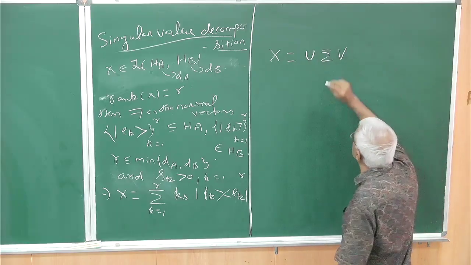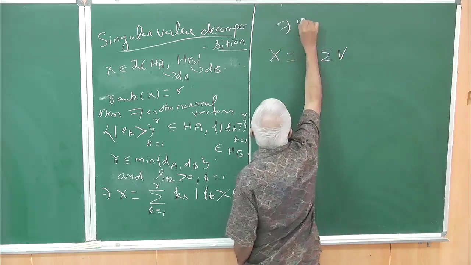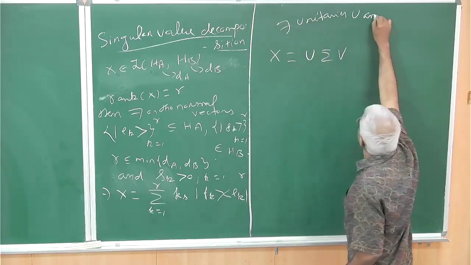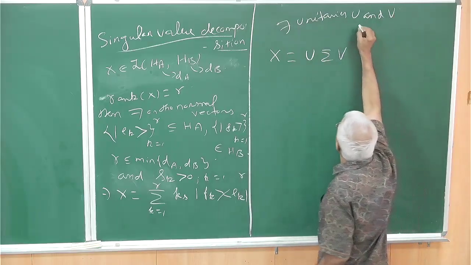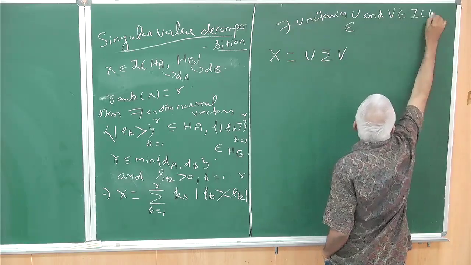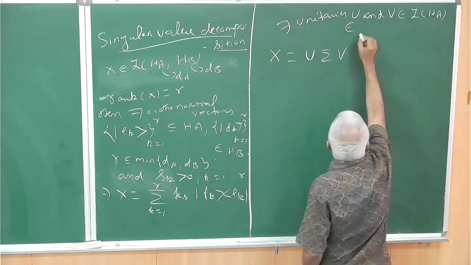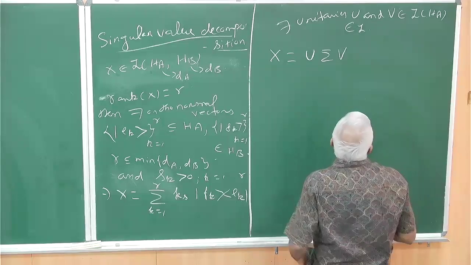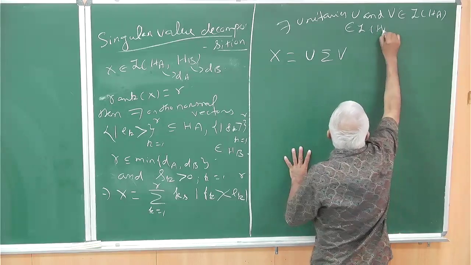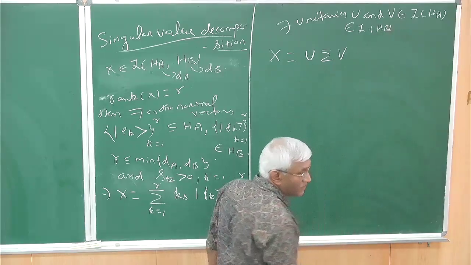Any X will look like this if there exist unitaries U and V, U in L(H_B) and V in L(H_A), so it has to be that.